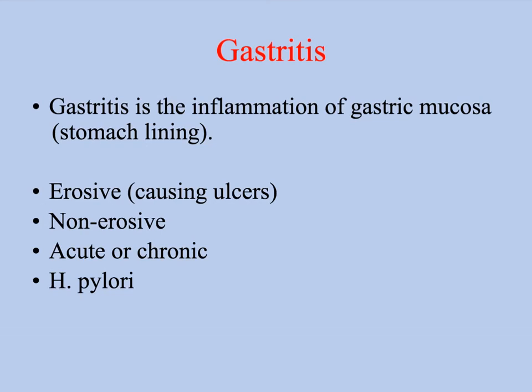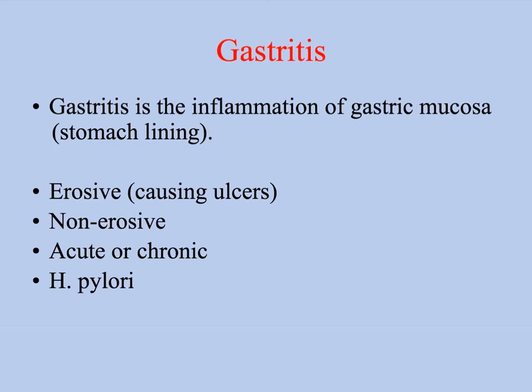Chronic gastritis is usually caused by some kind of a malignant ulcer or the H. pylori bacteria. And some autoimmune diseases cause a chronic gastritis. But most of us have all experienced an acute gastritis. That's food poisoning or just after ingesting something that's very irritating to our stomach, which causes it to be inflamed.